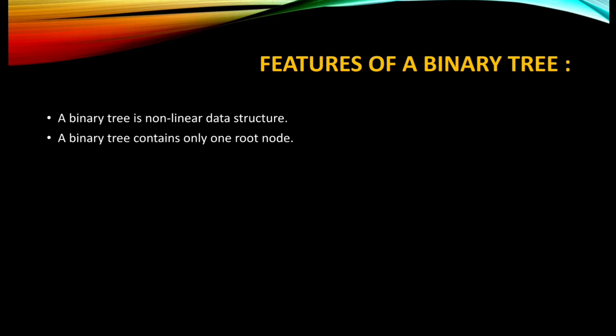A binary tree contains only one root node, because every tree structure has one root, and only then can it proceed further. That's why the starting point is always the root node. Means each tree has one root node. Then each node contains two children at most.